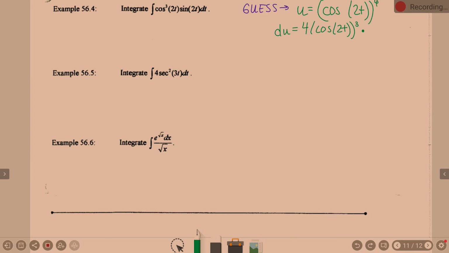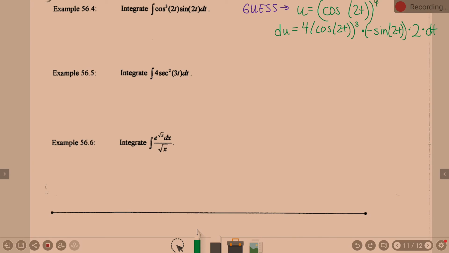Negative sine of that something. What is that something I'm talking about? 2t. Can I take the derivative of 2t? Yeah, so we use the chain rule again. What's the derivative of 2t? 2. Times 2. And then we're working in t's, so times dt.